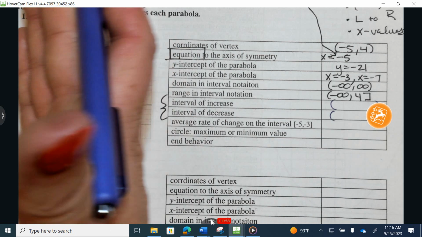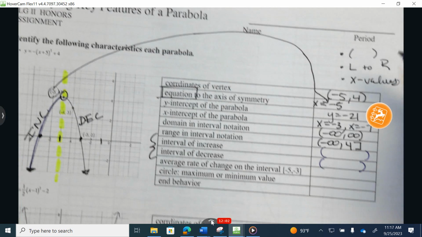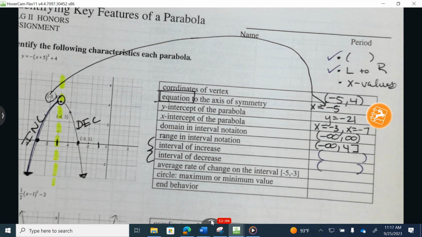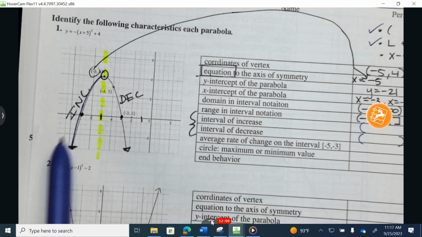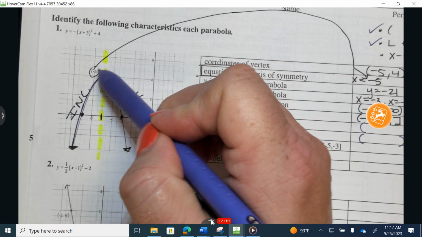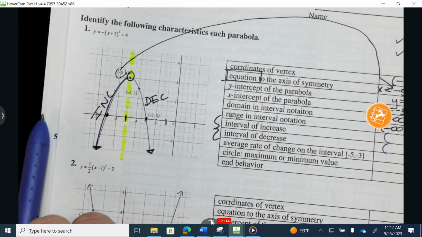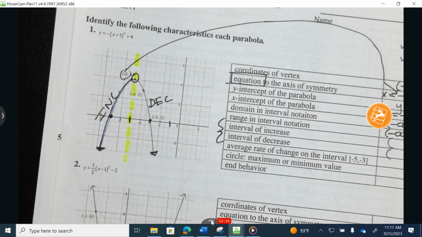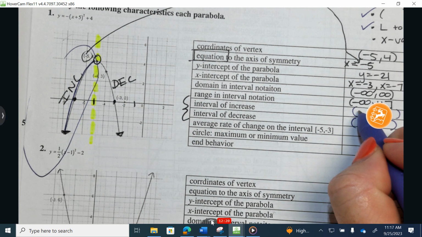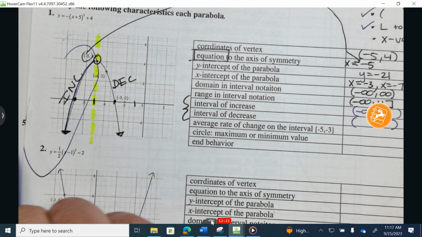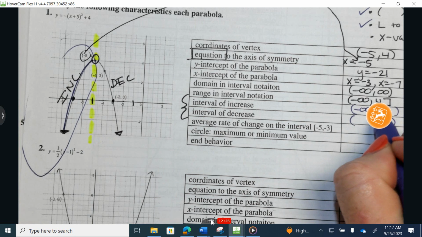Now we have to read this from left to right, and we did that from left to right. That's how we determine what part was increasing or decreasing. So I've done left to right, and I've done parentheses. Now in terms of x values, this is the complicated part. In terms of x values, this entire portion of the graph is always going to be increasing. I could go all the way over to negative 10 or negative 20. This entire portion of the graph is always increasing. I can go as far as I want to the left, and it will always increase until it gets to an x value of negative 5.